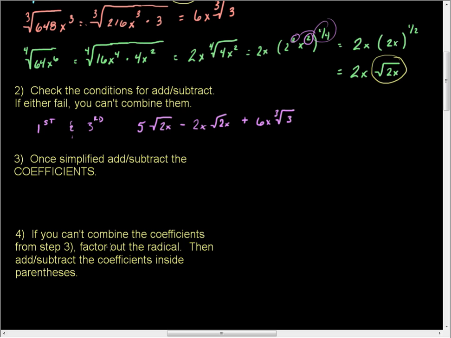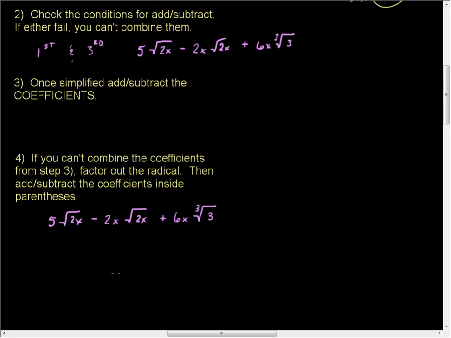And so I put in this fourth option to say, well, if you can't, check to see that you can do this. So if you cannot combine the coefficients, I'm going to rewrite it down here. 5 roots of 2x minus 2x roots of 2x plus 6x cube roots of 3.